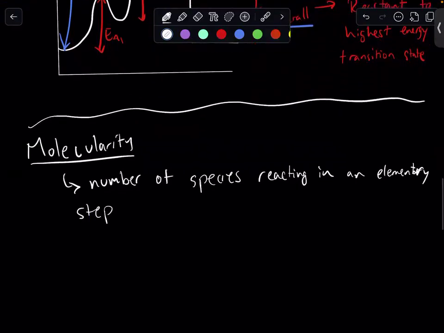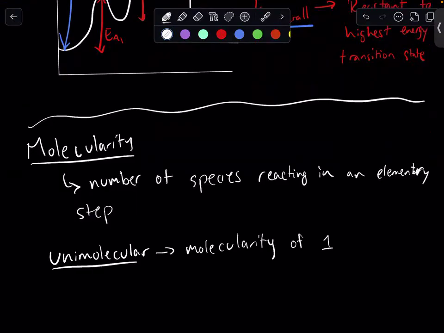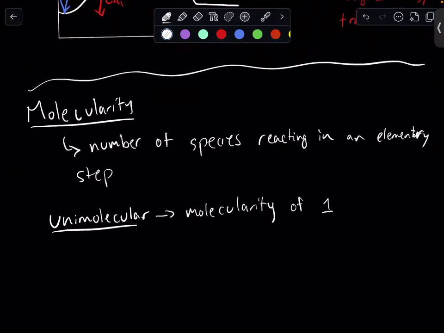So we have the three different kinds. We have unimolecular, uni referencing one, so a molecularity of one. You generally see this in decomposition steps.